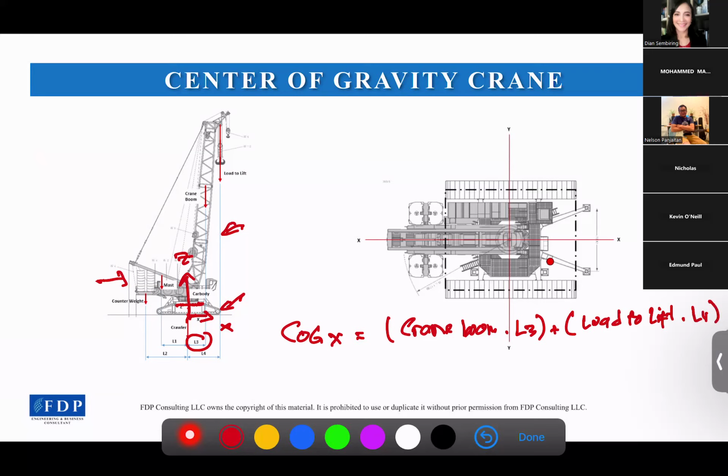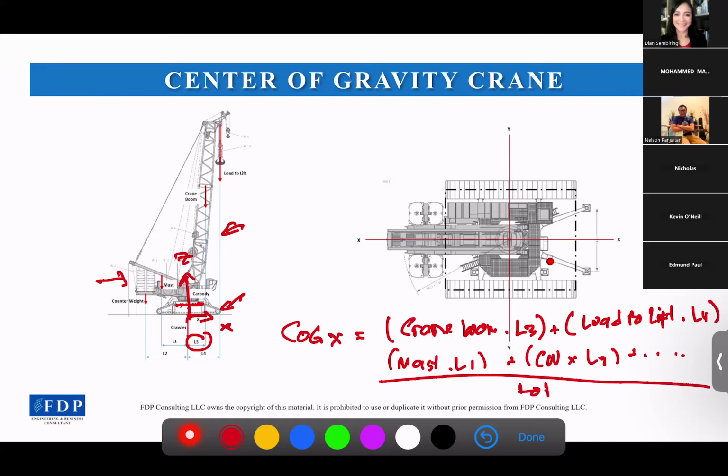So all will be measured to the center origin point, and then the mass times L1 plus counterweight times L2. And if you have other components, you can add them in here and then divide by the total weight or total load. That's how we get the COG in the X-axis.